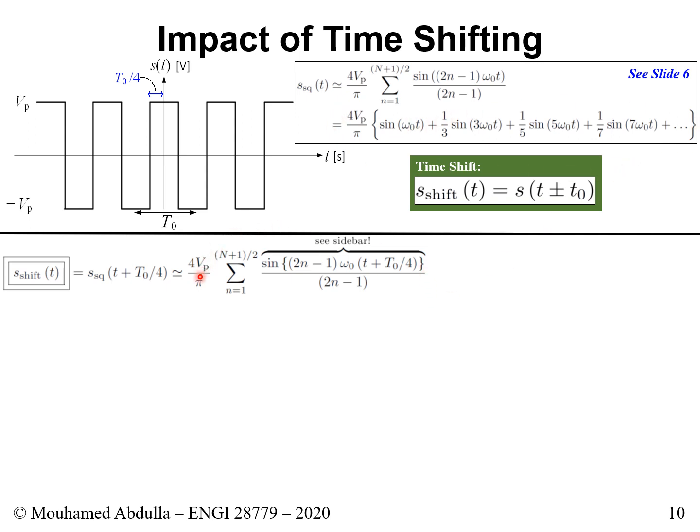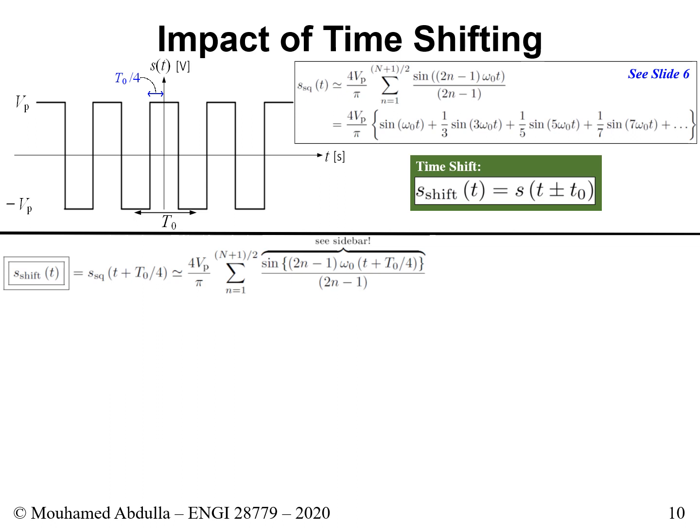But I like to do it using the main one, the compact representation. I think it's more scientific, and it gives us a better view of how the expansion for this wave will be. But if you don't like it, you can straight away enter t plus T naught over 4 into this one here, and then do some manipulations to simplify it. But I'm going to do it on the main one, the summation one.